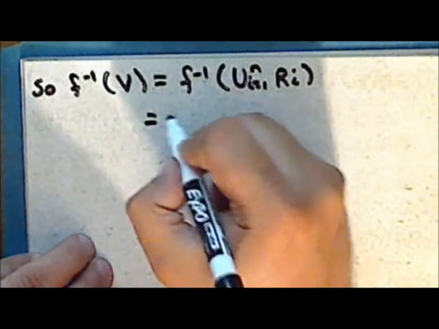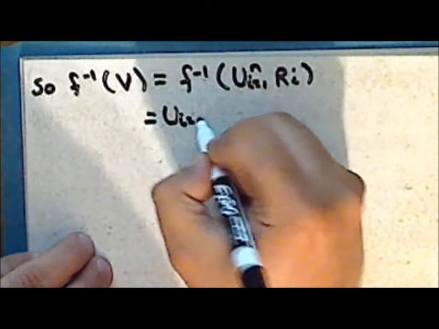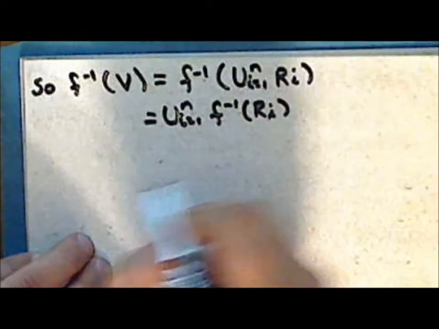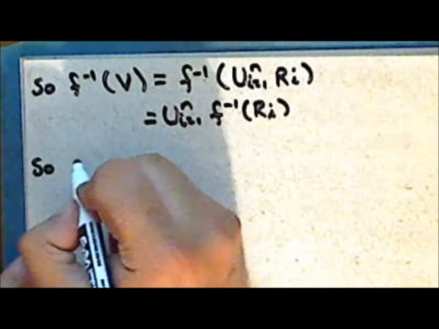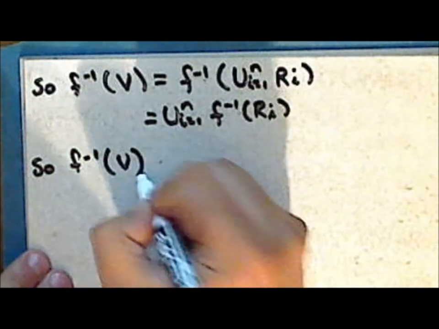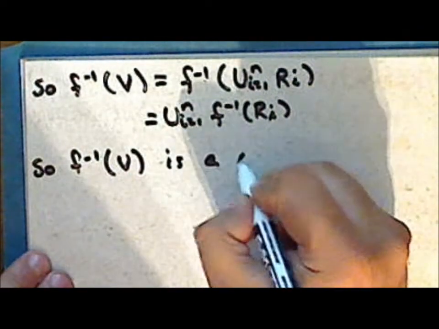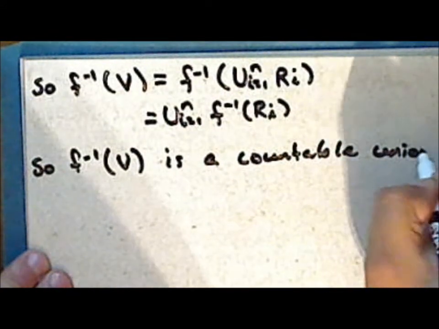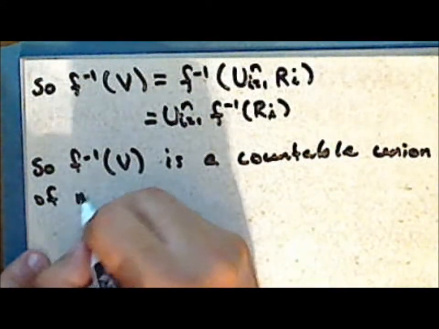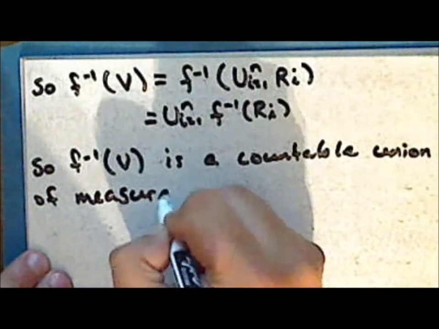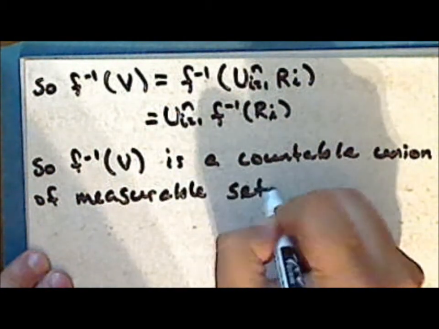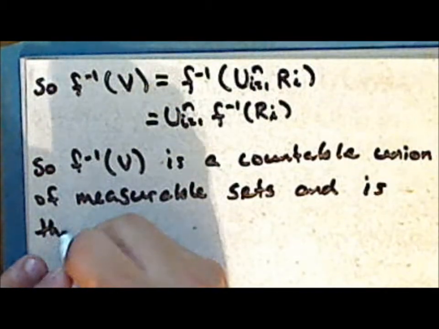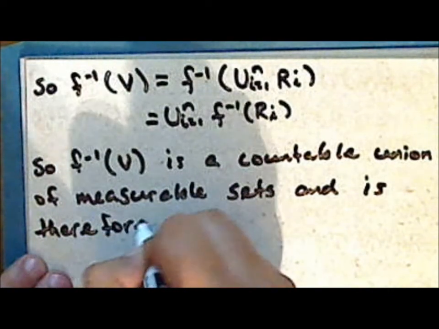This is the same as a countable union of the inverse image of rectangles. And so the inverse image of any arbitrary open set in the plane is a countable union of measurable sets, and is therefore measurable.